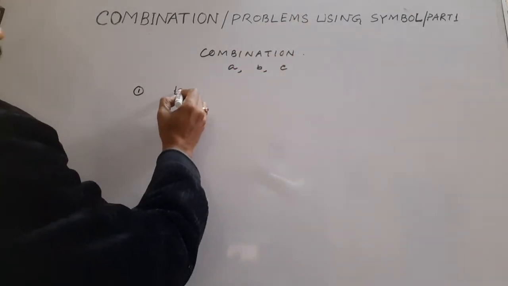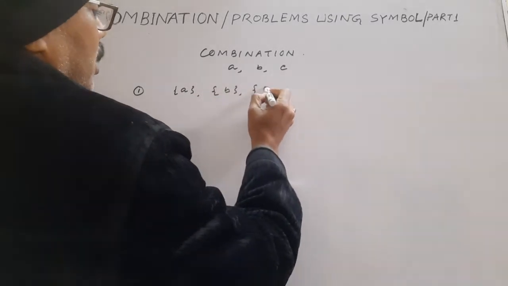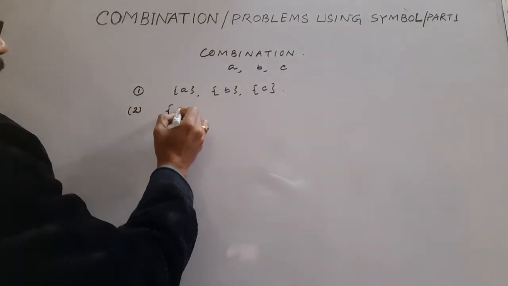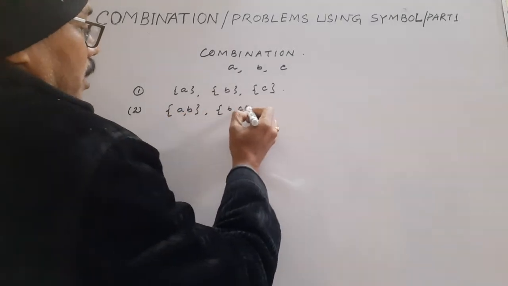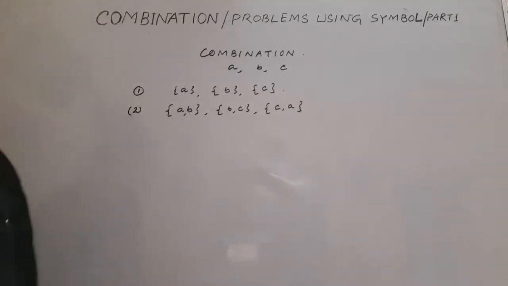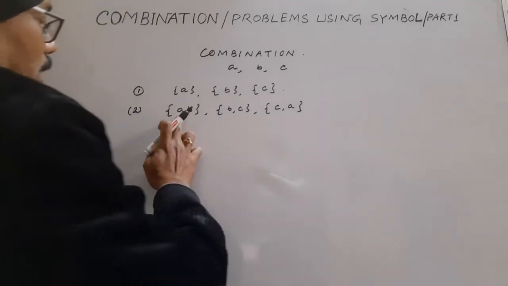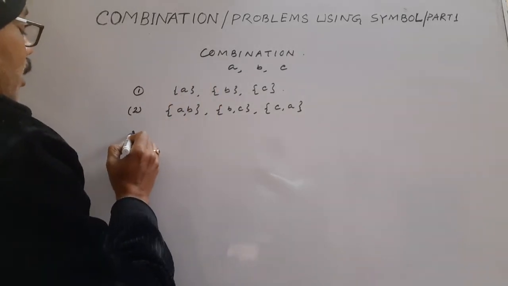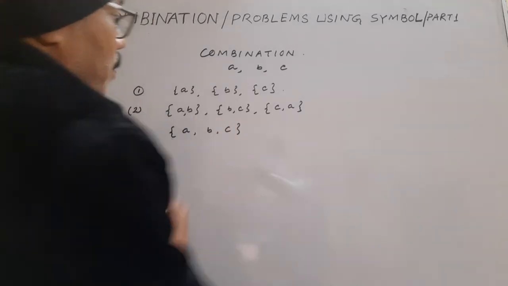Taking one at a time, it will be A or B or C. Taking two at a time, AB, BC and CA. We are forming groups, or selecting, not arranging. In case of arrangements, AB and BA give two arrangements.